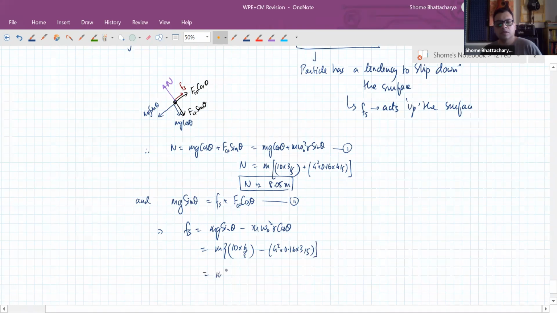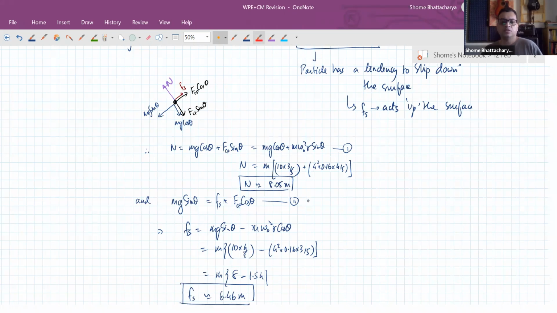So this will come out to be m into 8 minus 2.56 into 0.6. So let's see how much that is. 1.54 approximately. This is approximately 6.46 m. This is the static friction.